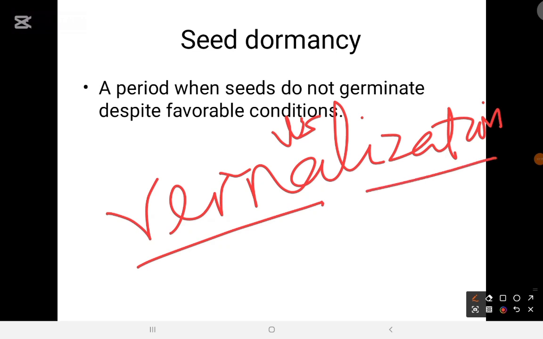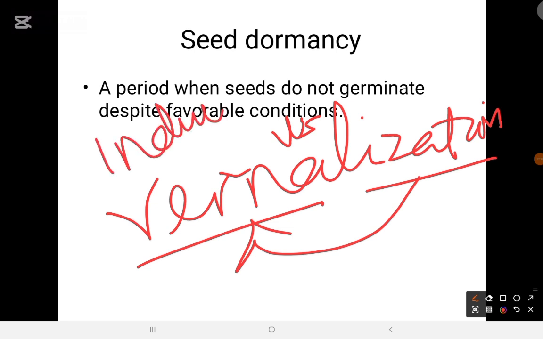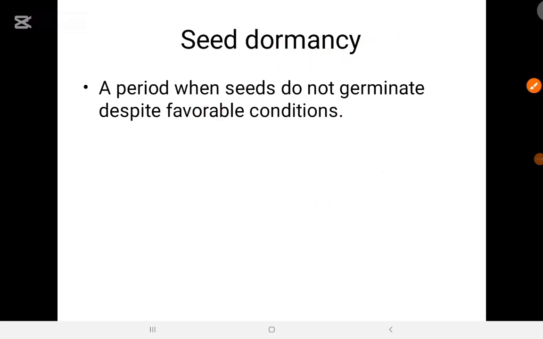So it is the process of making something ready for the springtime. It's a process of induction: you induce the flowering plant, you cause it to begin to flower. That is vernalization; we'll see it after this.